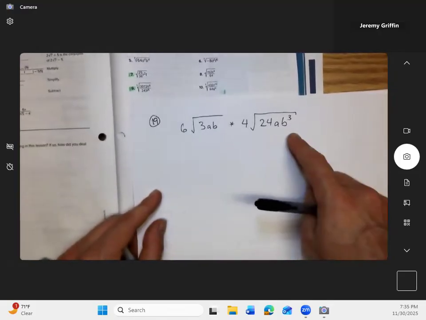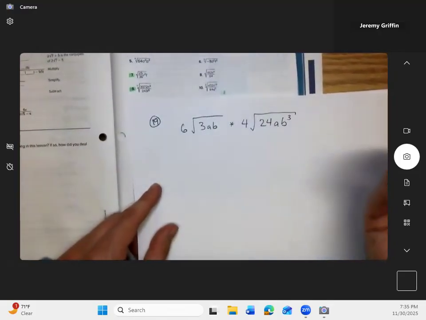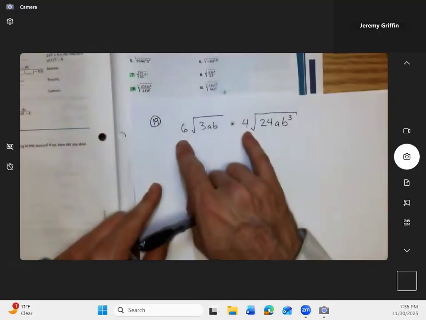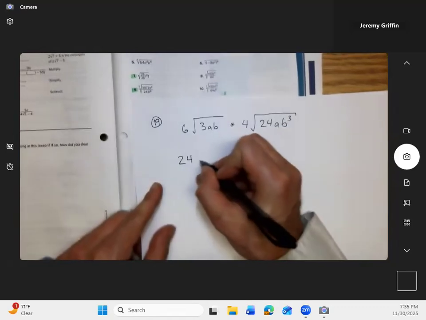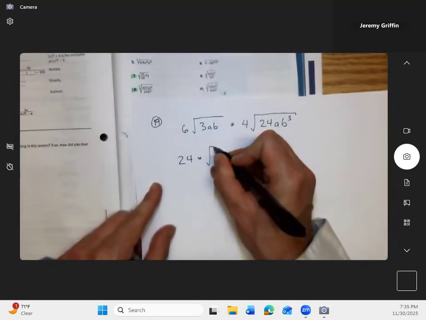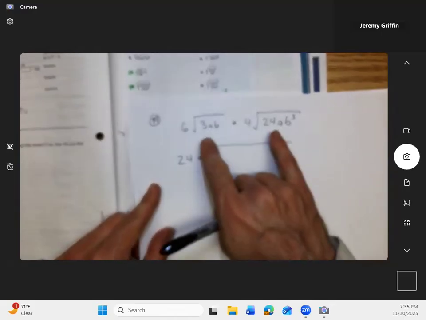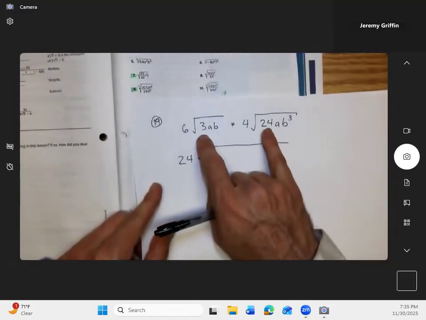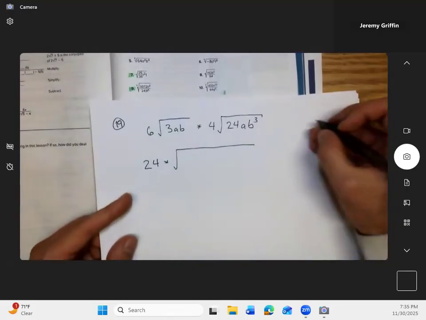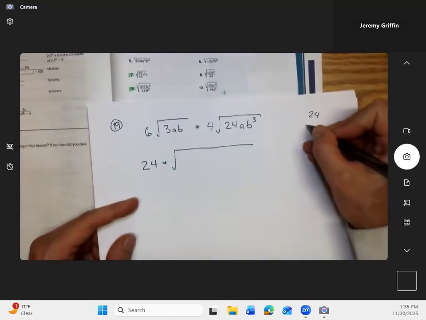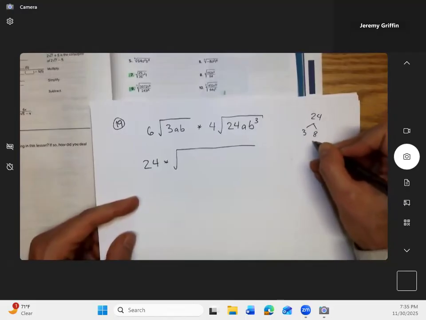Since everything's just straight multiply, I can shove this all under one giant square root. Why not? 6 and 4 is 24. Pull that out. Got square root. Well, I know 24 is 8 times 3. So 24 is 3 times 8, and 8 is 2, 2, and 2.